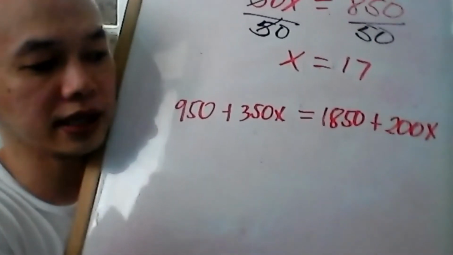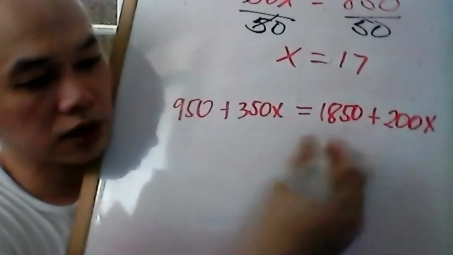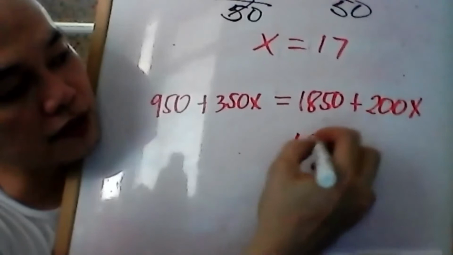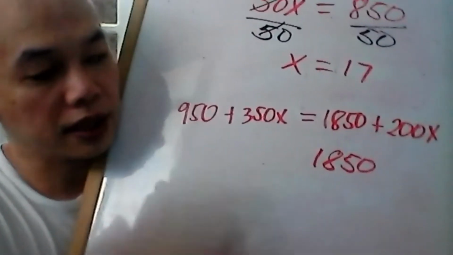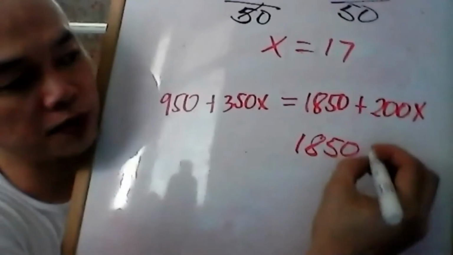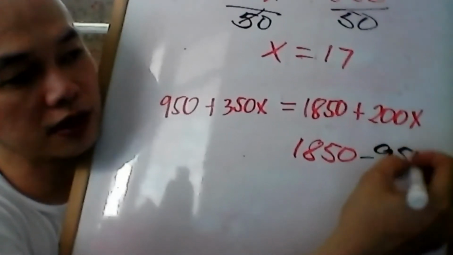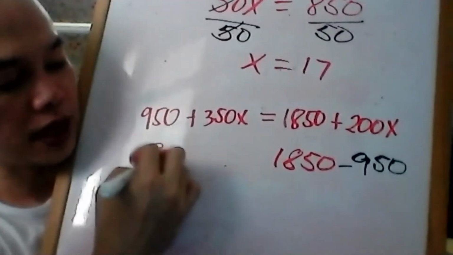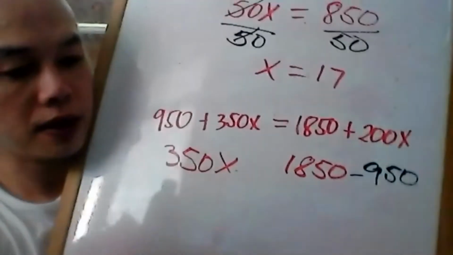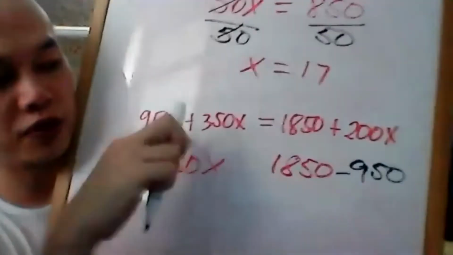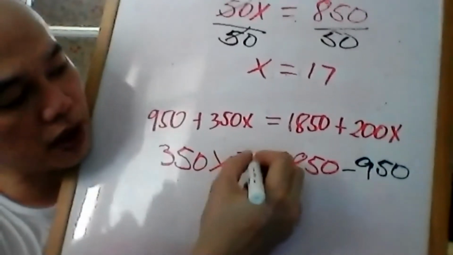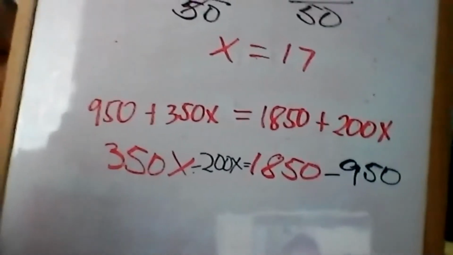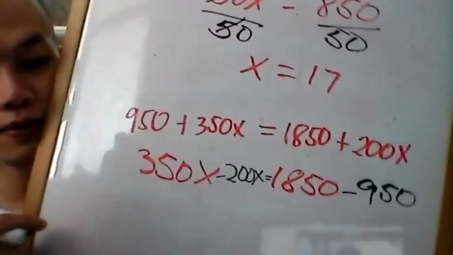This is how it looks, so I will show you so it will be clearer. 1,850 minus 950 on this side, and on this side 350x minus 200x, equals something like that. Now do the math. You can calculate now.